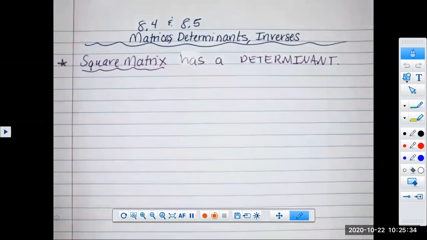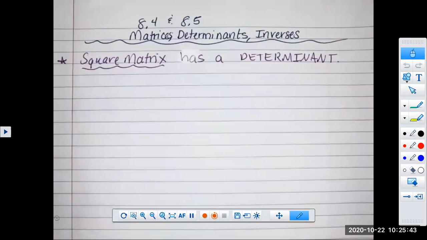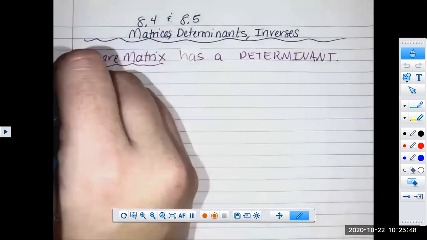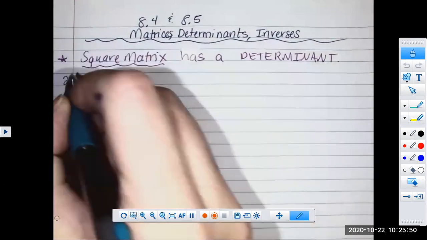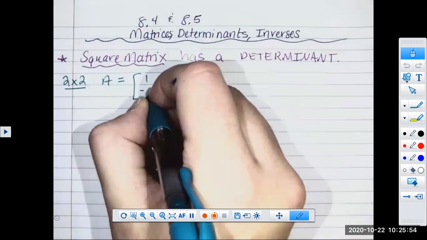Okay. And a 2x2 determinant, of course, is easier than a 3x3, and 3x3 is easier than a 4x4. Let's say you've got matrix A, and we're going to look at a 2x2 first. Matrix A has elements 1, -2, 3, -5.